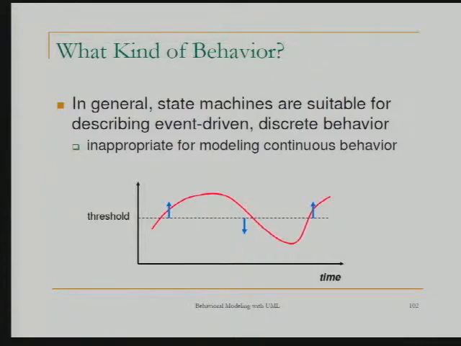But continuous, it's more difficult to model continuous behavior using this type of machine. That's one of the reasons that the finite state machine, there is a finite states, which means it's got to be essentially discrete in its behavior.